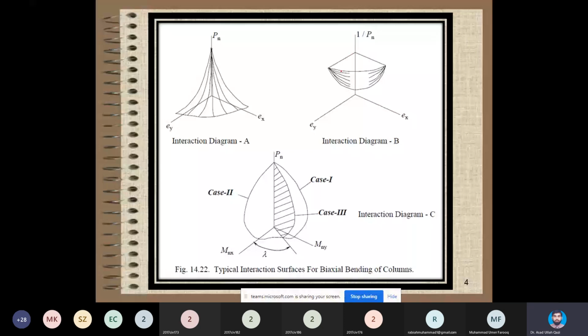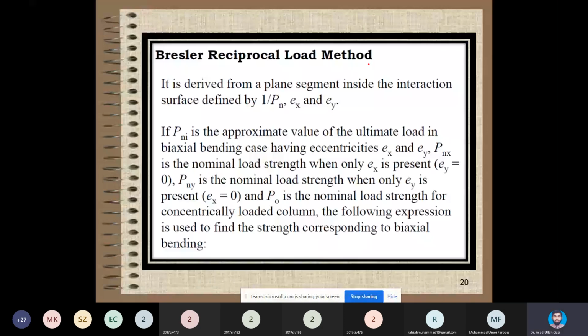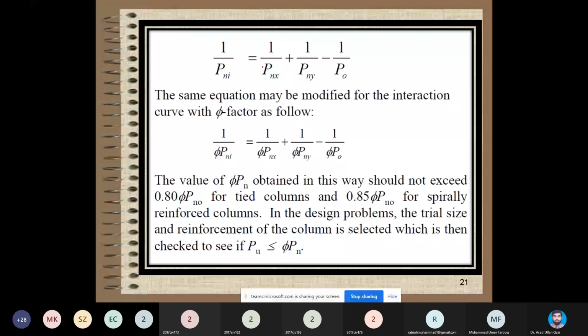And for that plane segment, the equation can be described as the reciprocal of the load when only eccentricity x is present, plus the reciprocal of the load when only eccentricity y is present, minus the reciprocal of the axial capacity of the column.